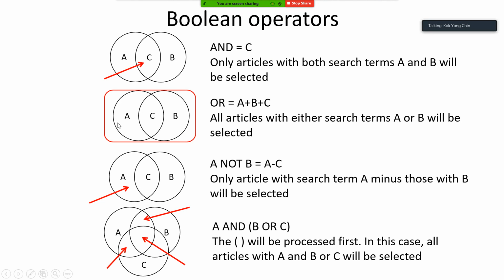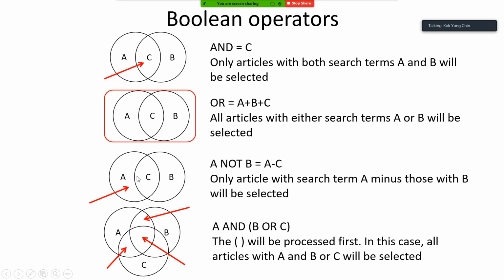If you use A OR B, then everything will be shown, meaning that osteoporosis OR vitamin E, every article with vitamin E will be shown, every article with osteoporosis will be shown, and the overlapping ones will also be shown. So let's say A has 50, B has 50, you get 100 here, but you only get, let's say, 25 here.